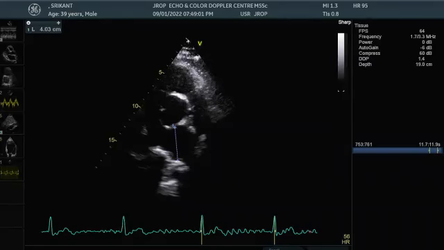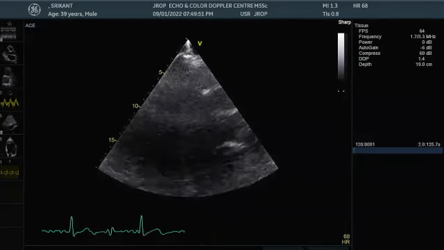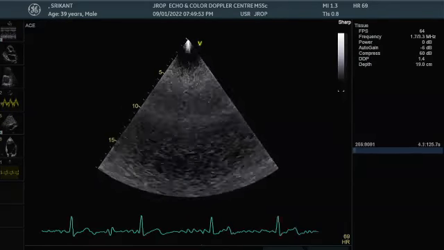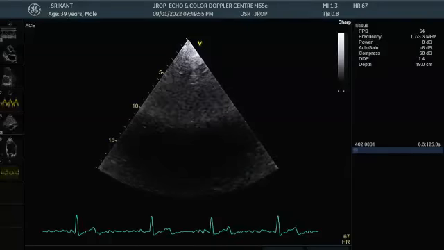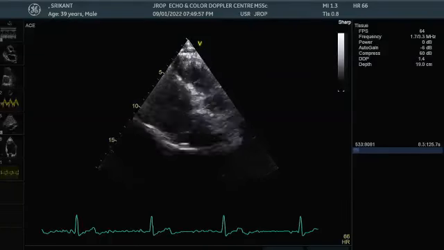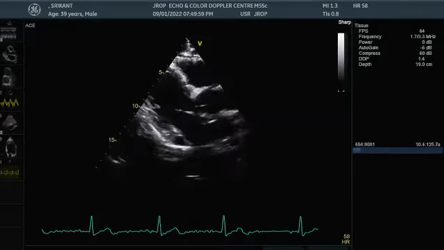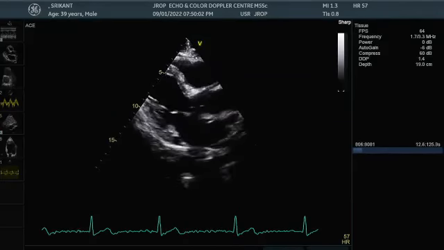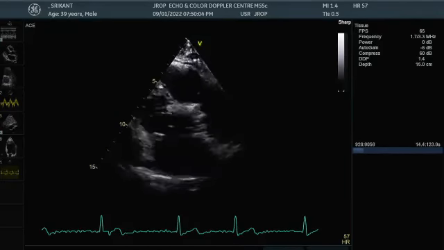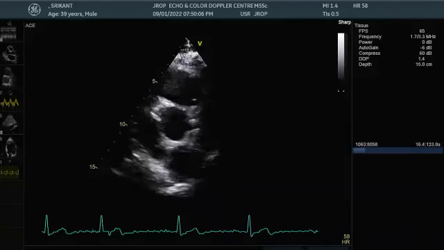Yes, and another question. Can you please show us how to measure the mitral valve area by planimetry? Okay, planimetry. Yes. So I'll go from this Plex window to short axis view at aorta, right?